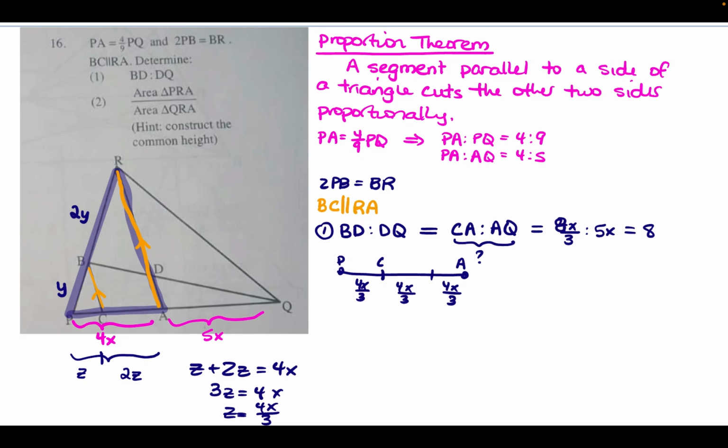Sorry, that should be an 8x over 3 to 5x. We can simplify that to 8x to 15x, or just 8 to 15. Sorry, the CA was equal to 8x over 3, not 4x over 3.